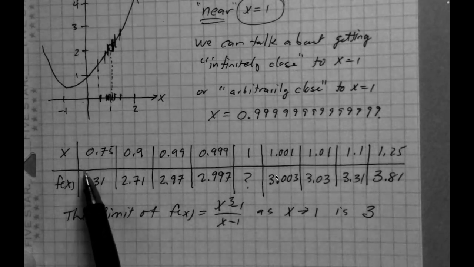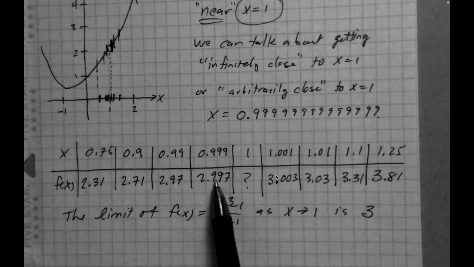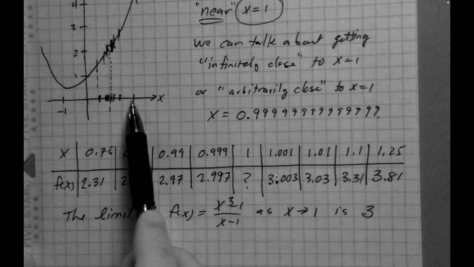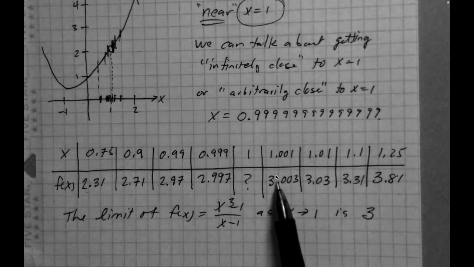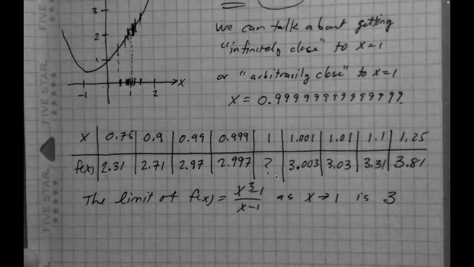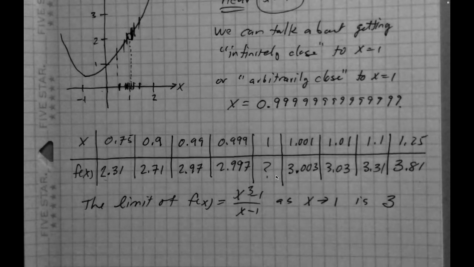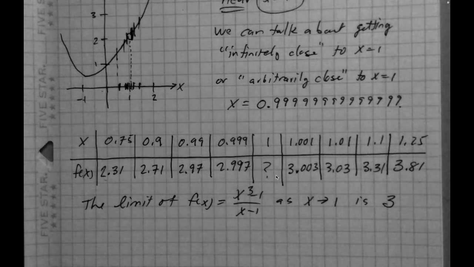Both as you move from below the value, it gets closer and closer to 3, and as you move closer and closer to 1 from above the value, it gets closer and closer to 3 as well. So that's the intuitive idea of what a limit is, right? The idea of a limit is that as you approach this particular value of x, then the function is going to approach a particular value of f of x.